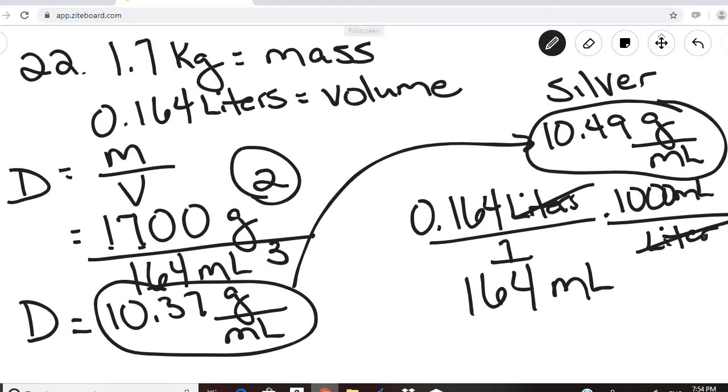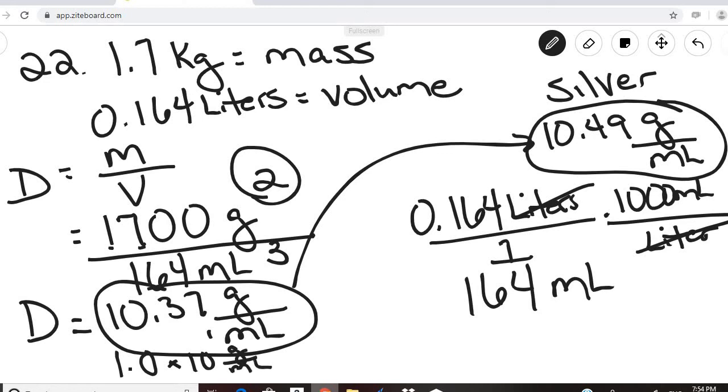To get 2 significant figures, we'd have to use scientific notation: 1.0 times 10 to the 1 grams per milliliter.